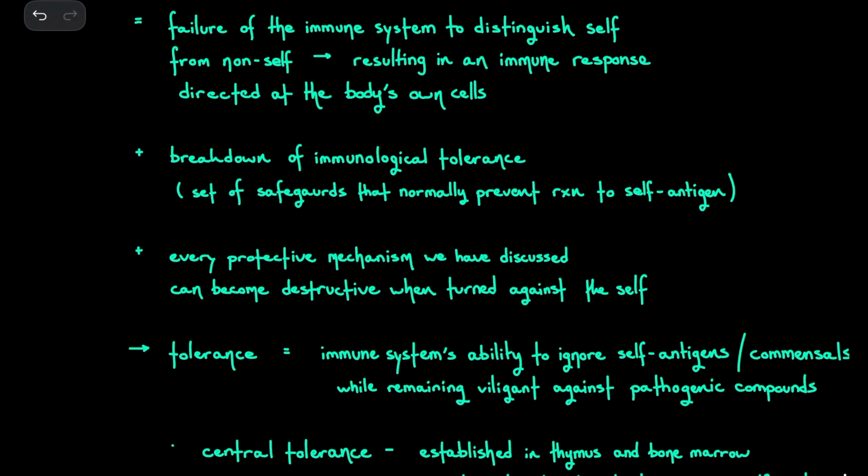We want only things helping correct physiology at play. So how do we maintain tolerance? Two things, central and peripheral tolerance. Central is what we talked about in Unit 2 with the B cells and Unit 3 with the T cells. This is established in the thymus for the T cells and the bone marrow for the B cells. This is when immature lymphocytes that recognize self-antigens too strongly are eliminated through negative selection.